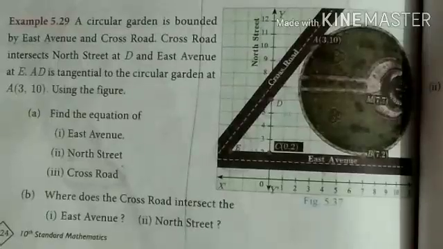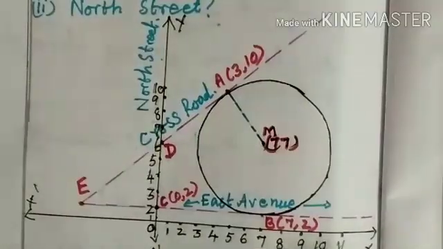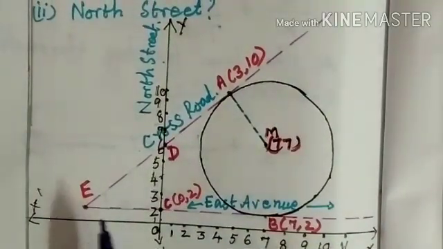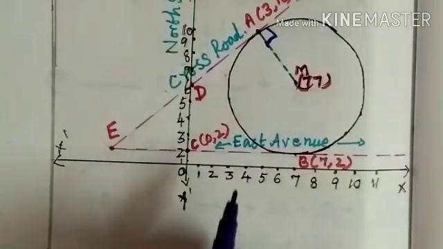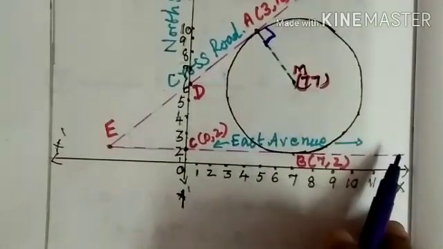Let us do the solution. First you draw the given figure and mark the given points. First we have to find the equation of the East Avenue.